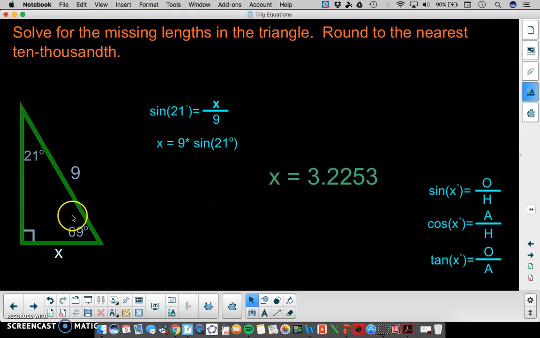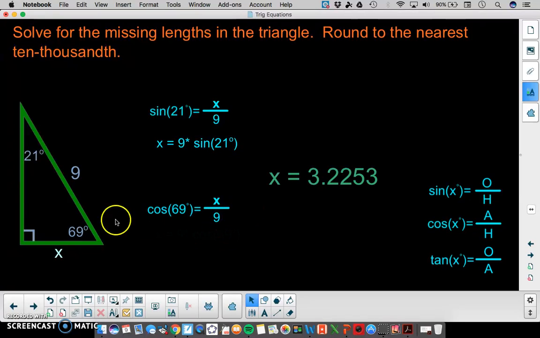What if we would have chosen the 69 degrees? Well, then the x value would have been adjacent to that angle. So x would have been adjacent, 9 would have been our hypotenuse, and we would have used cosine. So if we wanted to use cosine, we would use our 69-degree angle and have adjacent over hypotenuse.